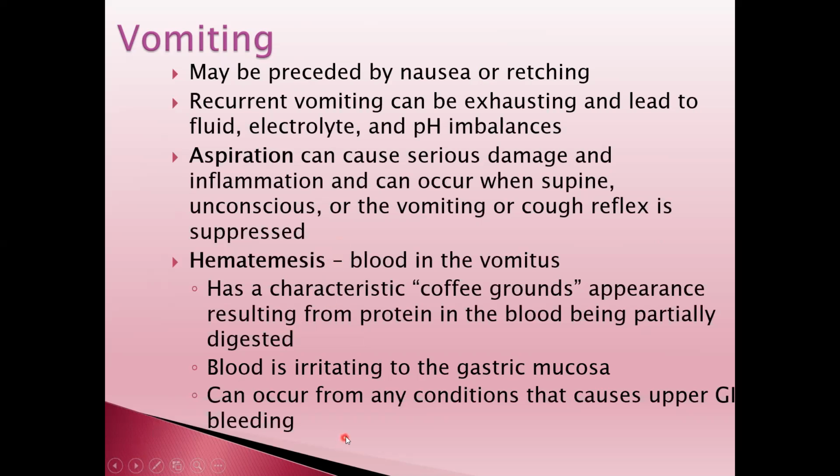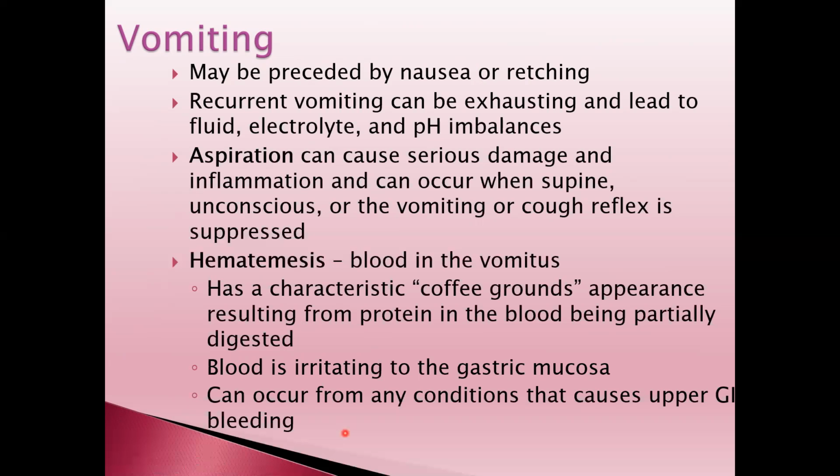Hematemesis is blood in the vomitus, and it has a characteristic coffee ground appearance, which is like a blackened appearance, resulting from protein in the blood being partially digested. That's how you know it's coffee ground or bloody.